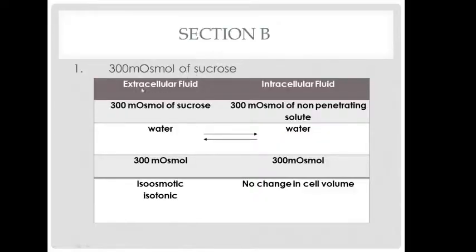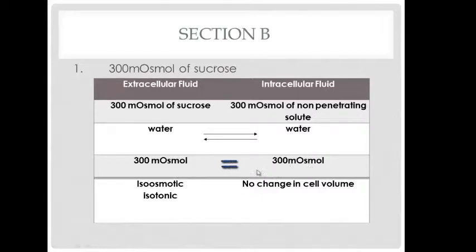In section B, we have the first test tube. The extracellular fluid is 300 mmol of sucrose, whereas the intracellular fluid is 300 mmol of non-penetrating solute, where sucrose is a non-penetrating solute. So the total osmolality for the extracellular fluid is 300, and in the intracellular fluid it is 300 mmol.